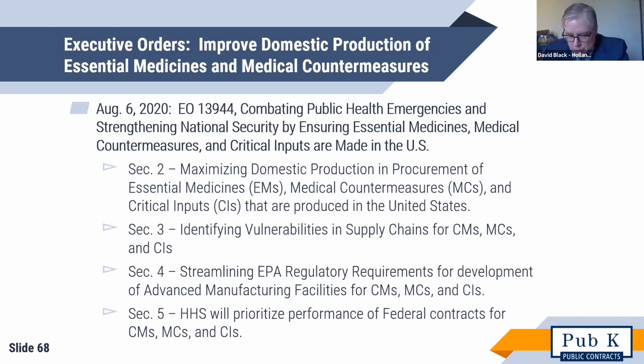This encourages federal agencies to basically restrict competition, finding a way to limit competition to domestic sources by excluding foreign-made essential medicines, medical countermeasures, and critical inputs. You will increase demand by the government, which would increase domestic production in the United States.